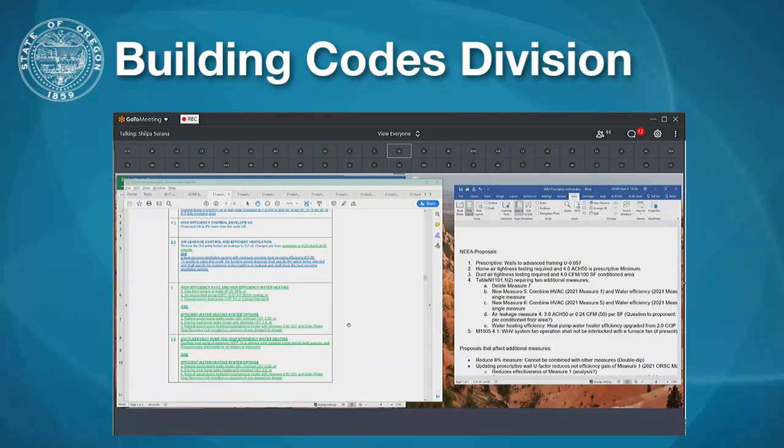Although that will require us to ask to choose 3 options from this table so that we can meet the equivalent DOE Zero Energy Ready Home specifications.